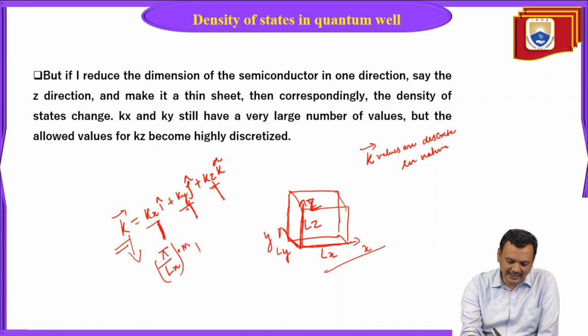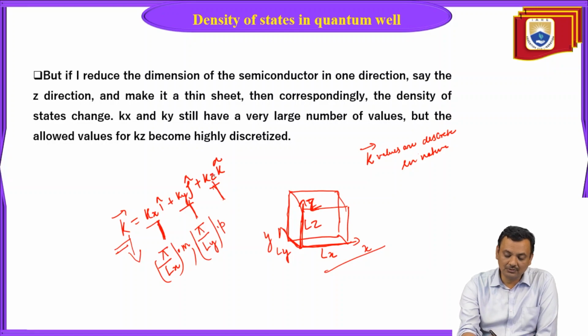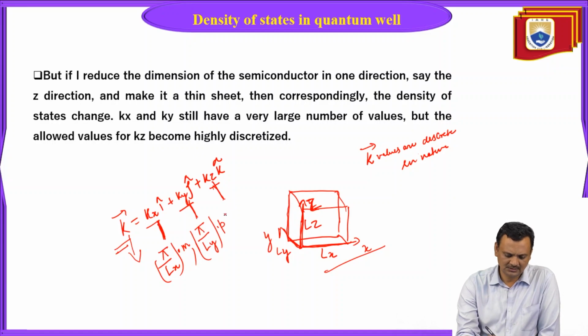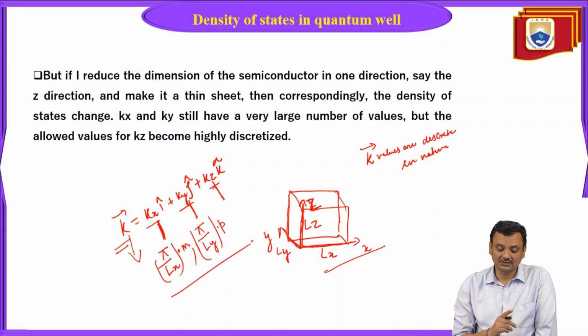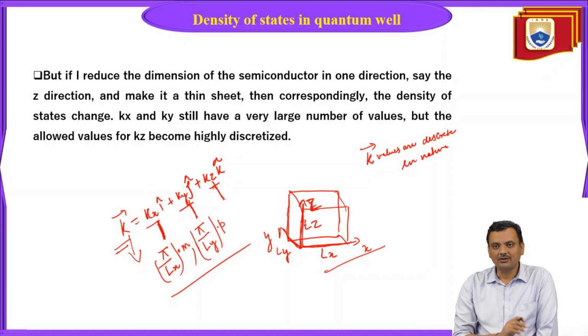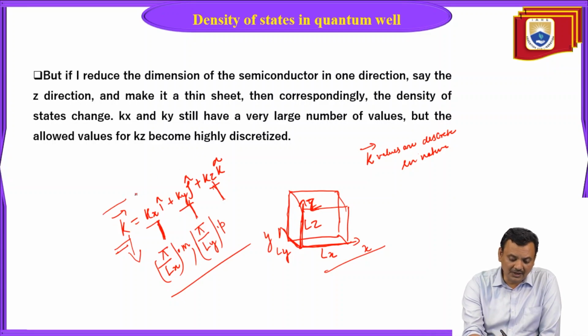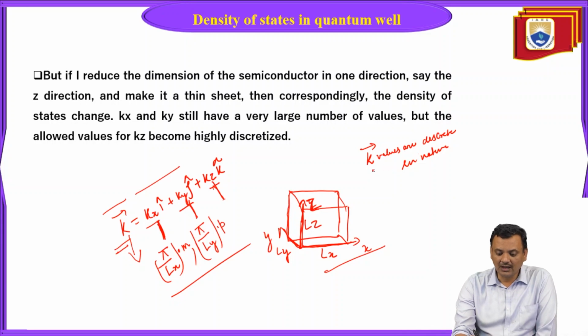The possible value of ky was pi upon ly multiplied by p, where p is also an integer, and the possible value of kz was... I am discussing the case of the solution of the electron wave function, getting the electron wave function in terms of k, and at that time we got these wave vector k values.